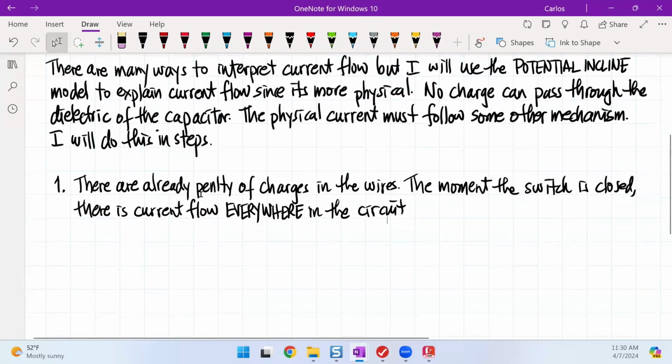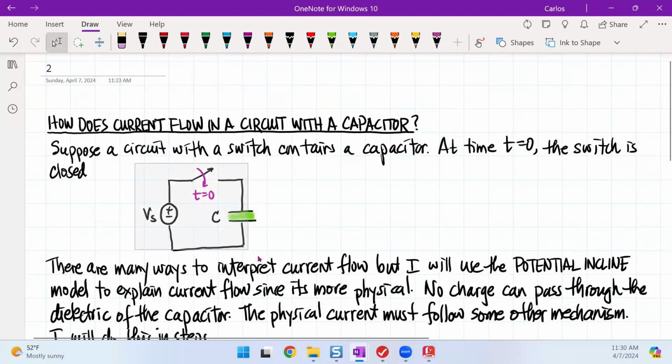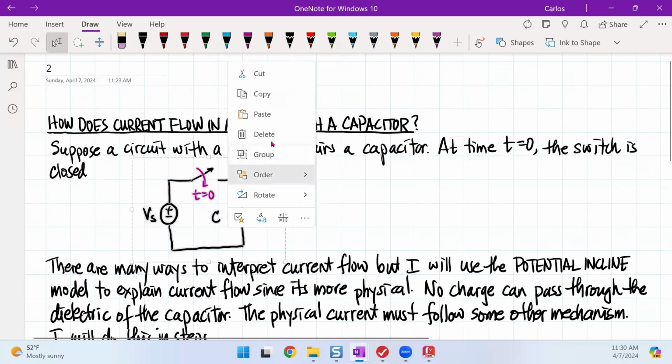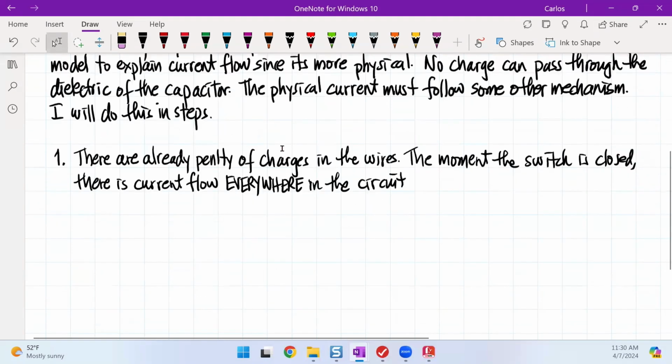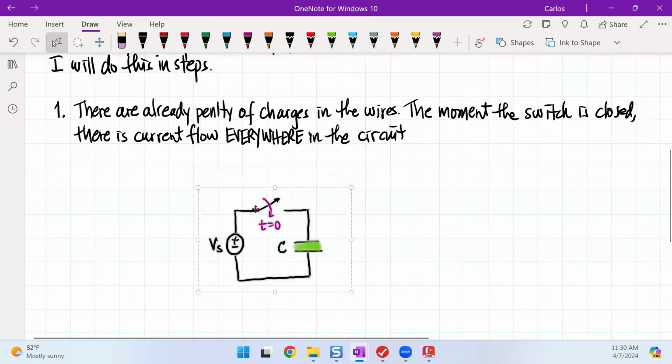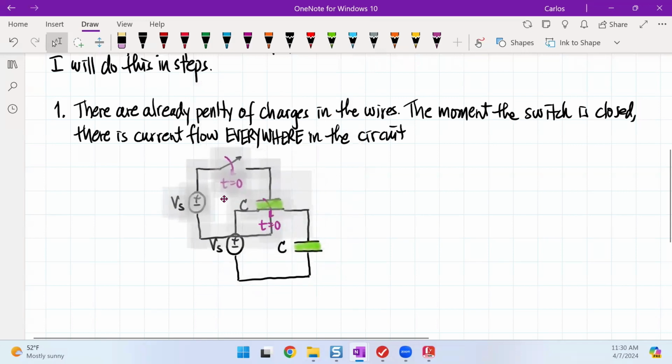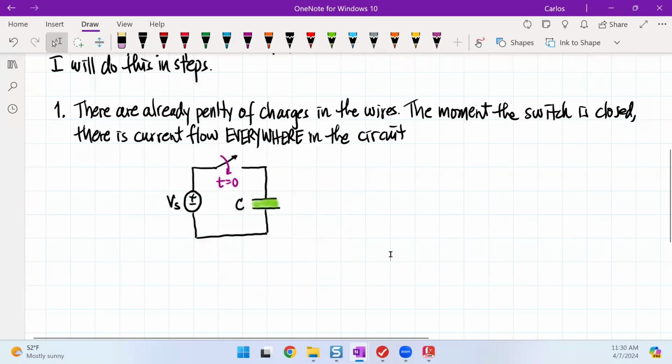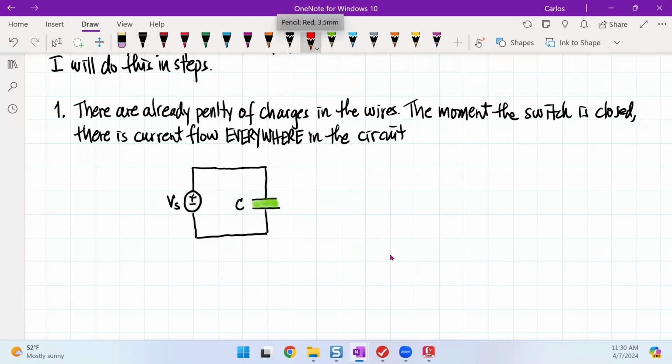So I'm going to come up here and get this circuit and bring it down with me and modify it. If I'm looking at my circuit, then the switch is now closed. And what happens is that there is current flow everywhere.